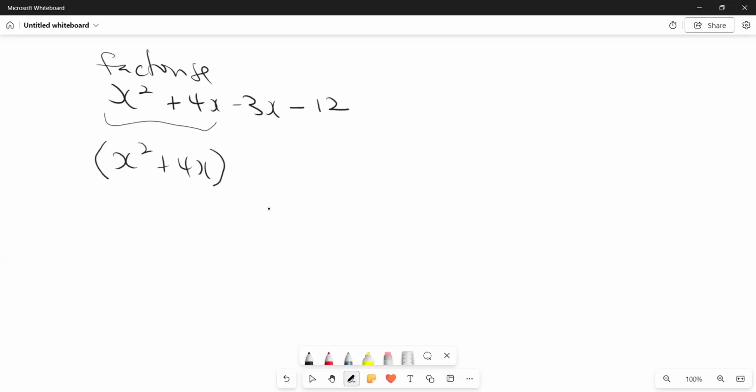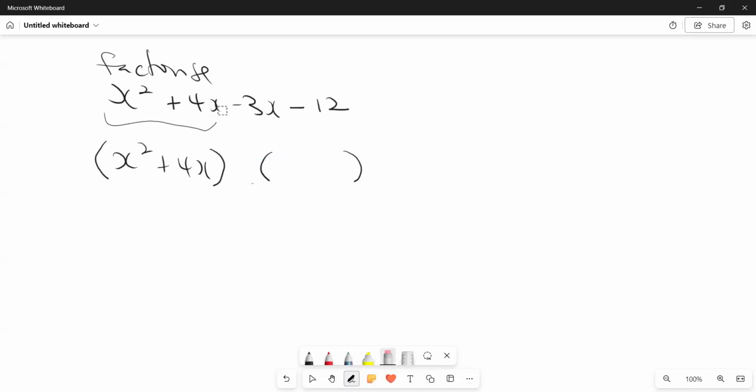Now, if you are tempted to put plus here, what do I put in these two brackets? Do you want a plus sign there or a minus sign? Minus. All right, so let's go with a minus sign.